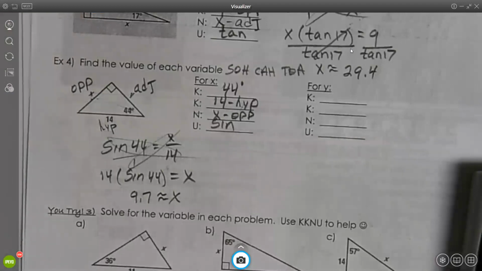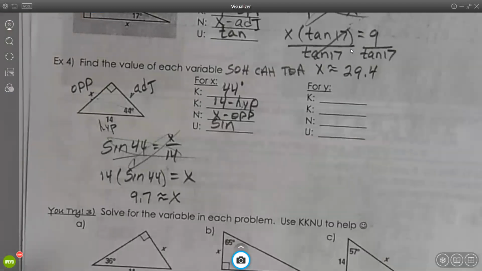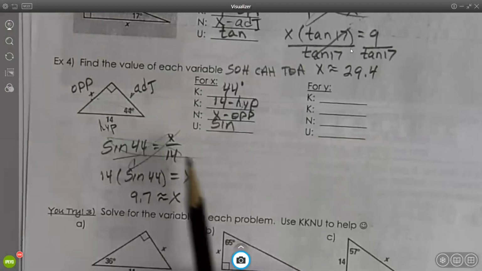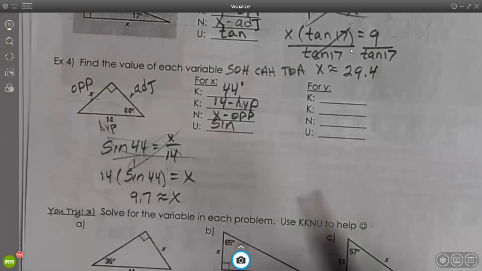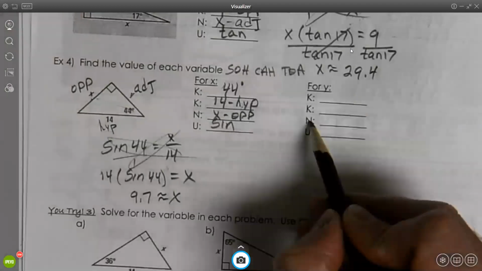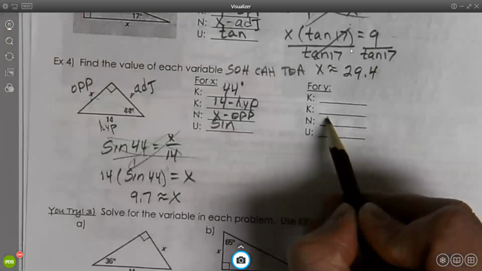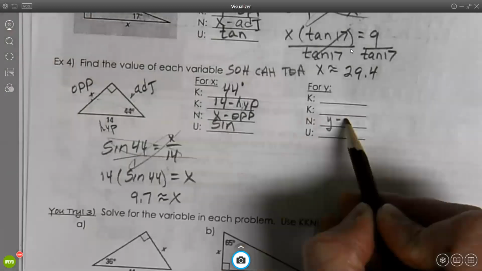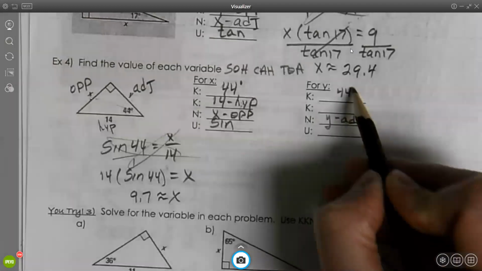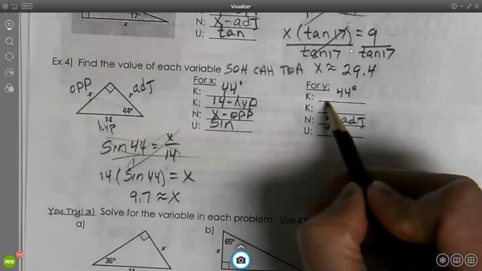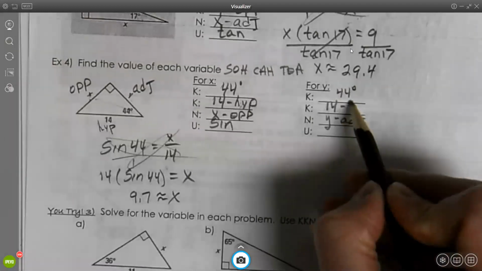Then for our next, they wanted us to solve for y. Y was our unknown. So what do you need to know? You need to know y, which is considered the adjacent side. We still know about the 44-degree angle. We still know about the 14, which is your hypotenuse.